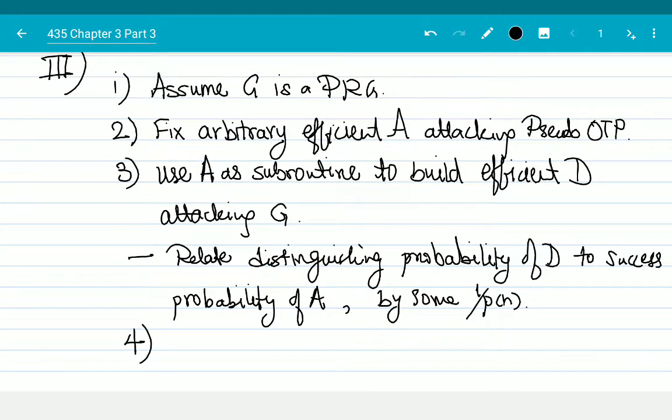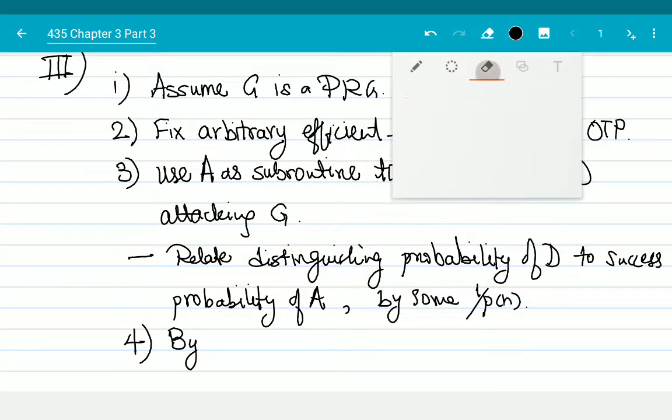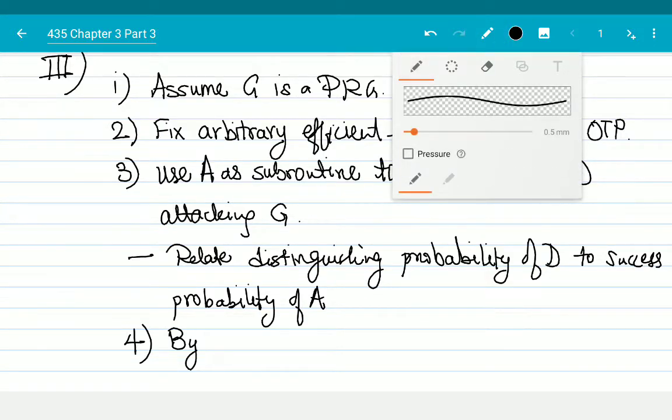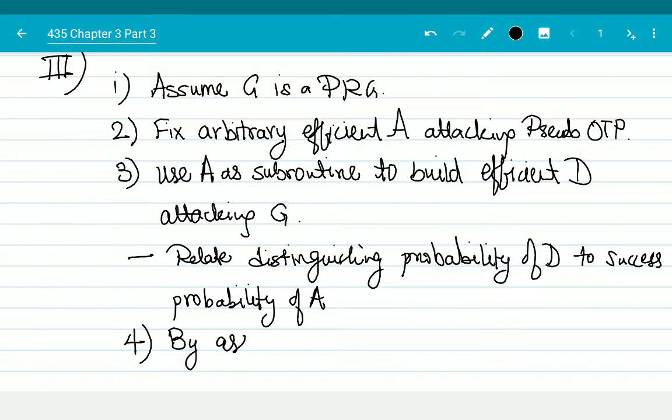Okay, so once we have that, by assumption the distinguishing probability of D must be negligible. We don't even need it to be exactly this; I need it to be at most polynomial. Yeah, I think it's fine.